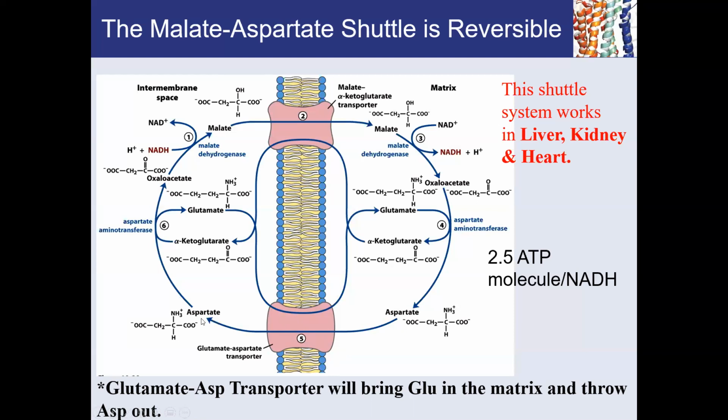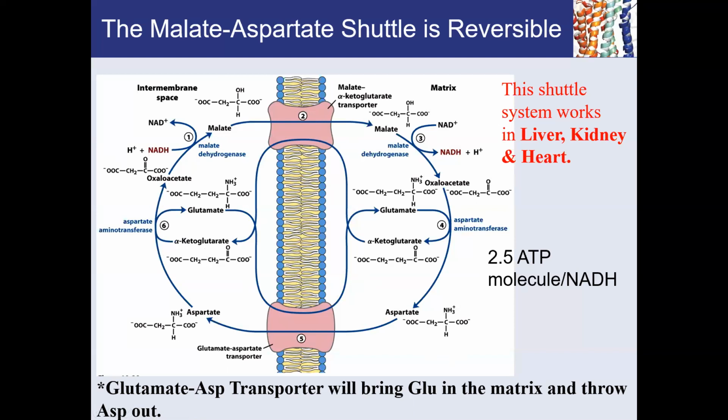And so once you bring aspartate out, you can regenerate oxaloacetate by the transamination reaction of aspartate aminotransferase, and you can continue this cycle. You can bring an infinite number of NADH molecules from outside to inside by just running the cycle, right?